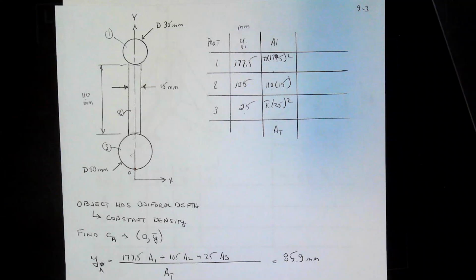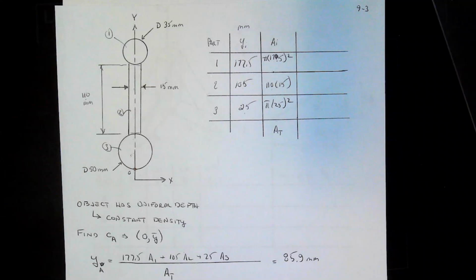Let's start breaking this thing down. I've called this part 1, this part 2, this part 3. The diameter of this thing is 50 millimeters. This thing goes 110 up, so that puts us at 160 if that's 0, and this is 35 millimeters in diameter, so halfway up that is 17 and a half.